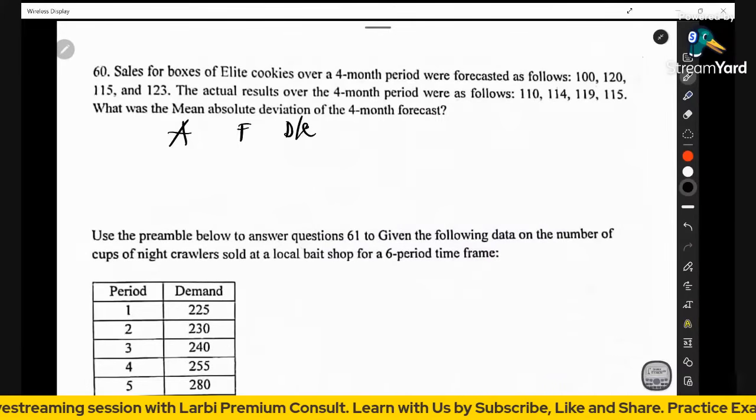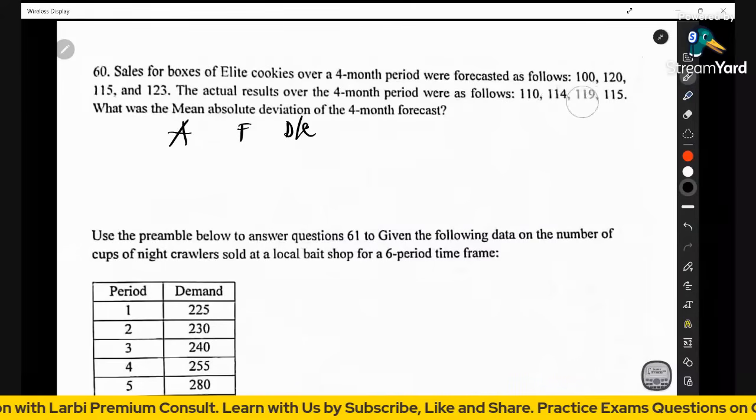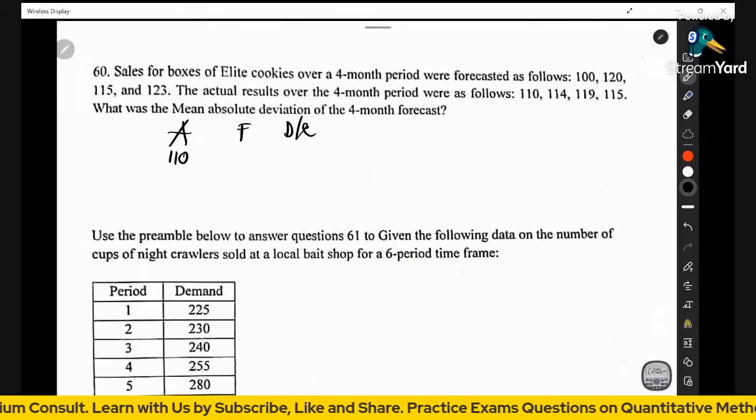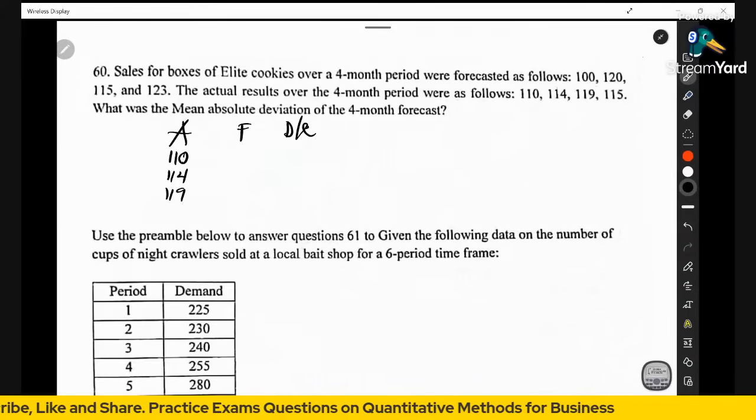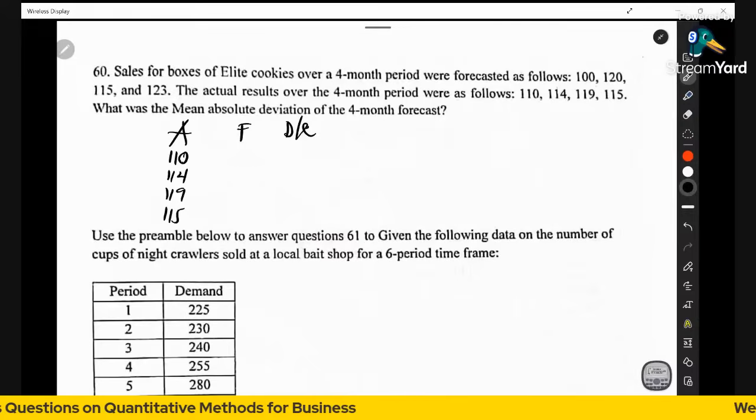So let's go back to look at the actuals. The actuals were 110, 114, 119, then 115, then 115.